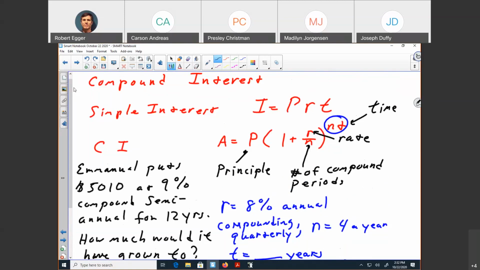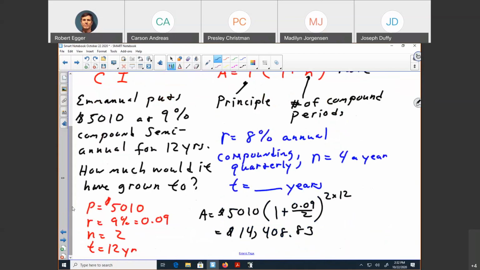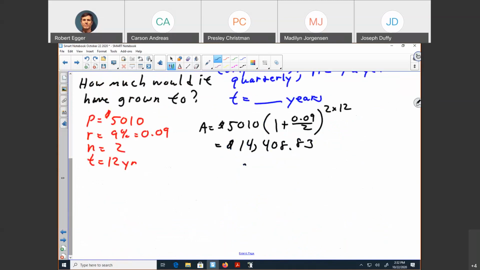How much interest did you earn on the $5,010? Well, the interest for compound interest is basically going to be the amount minus the principal, because $5,010 is what you started with. Anything that was added onto it to get you to 14,408, that's the interest.